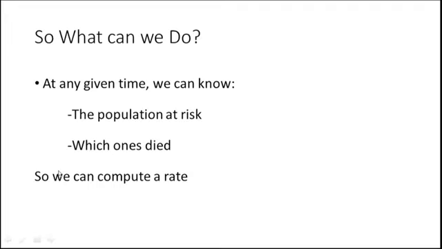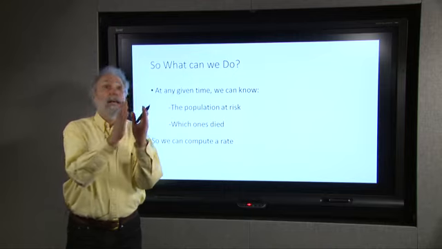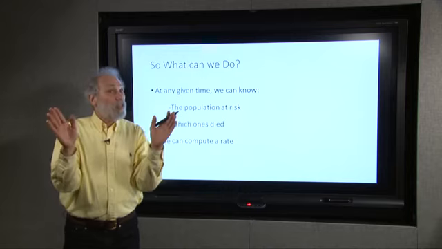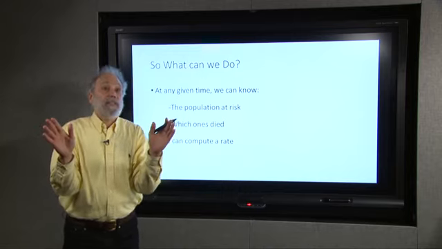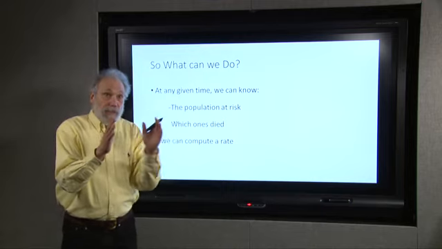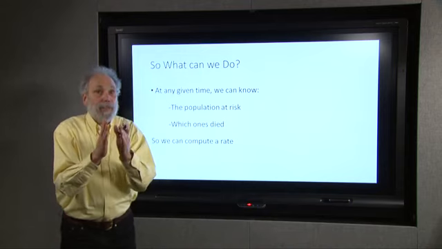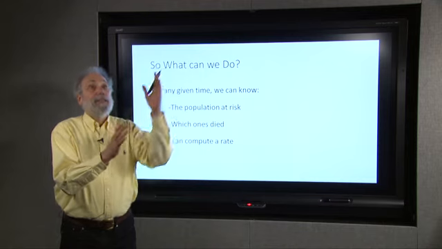I can divide those numbers and calculate a rate, right? And I can do that at any given time, and I so far said nothing about the distribution of that rate.